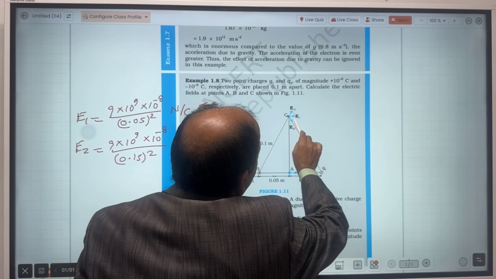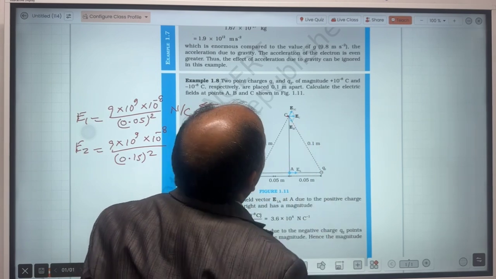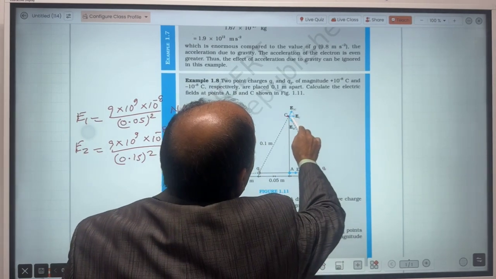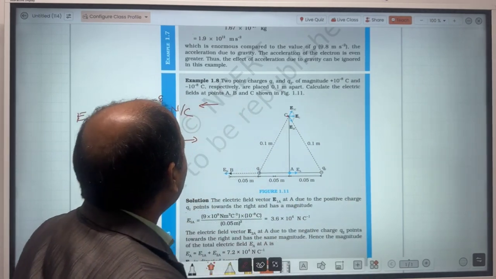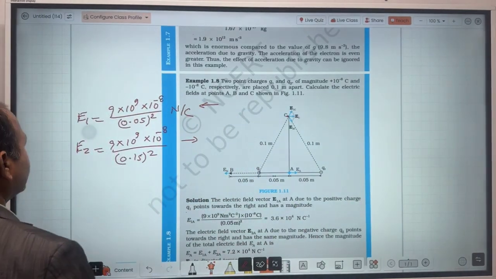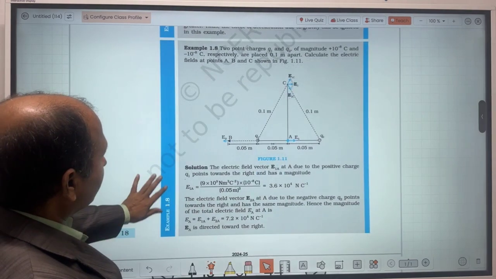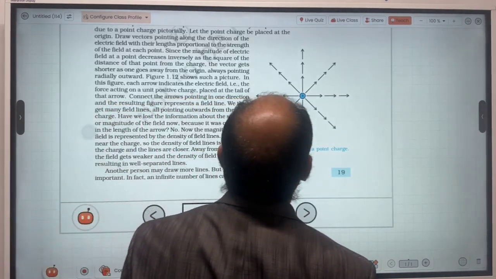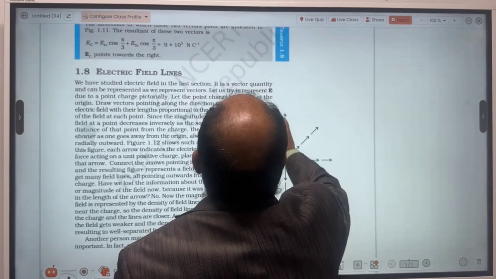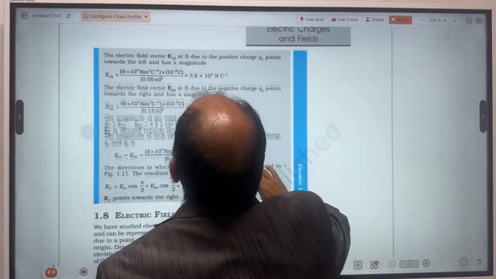If we take this as 60 degree and this as 60, what will it be? This will be parallel to this line. So I think you have understood. The same thing is explained here. You can read it and then you will tell.